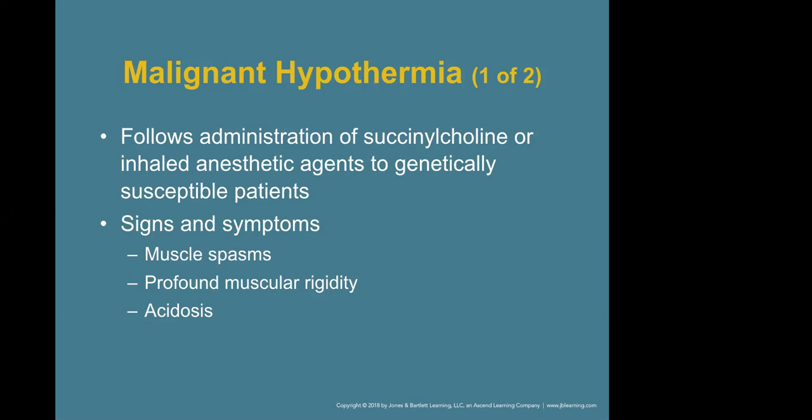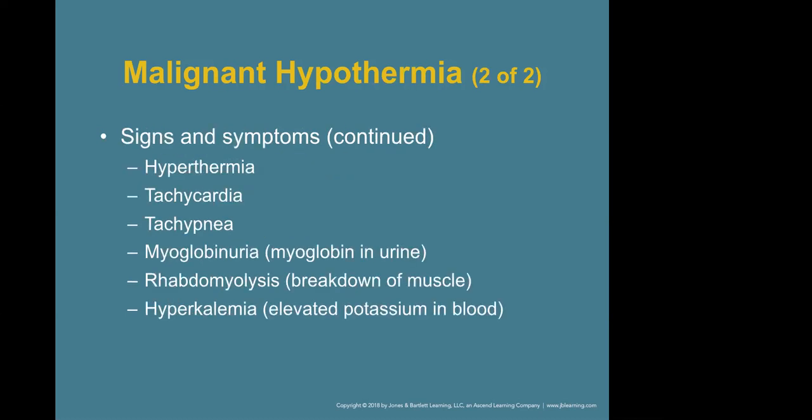Especially if you live in the I-95 corridor or I-74 corridor. That patient population is riddled with Lumbee Indians, and you need to be very prepared to treat some of these patients very differently. Muscle spasm, muscle rigidity, acidosis, okay? Hypothermia, tachycardia, tachypnea, okay? You'll see changes in urine output, rhabdomyolysis, hyperkalemia are all possible. These patients need an ICU bed for an extended period of time.